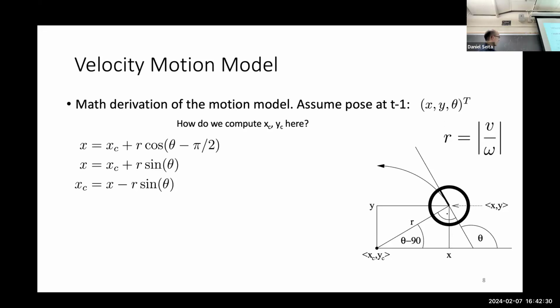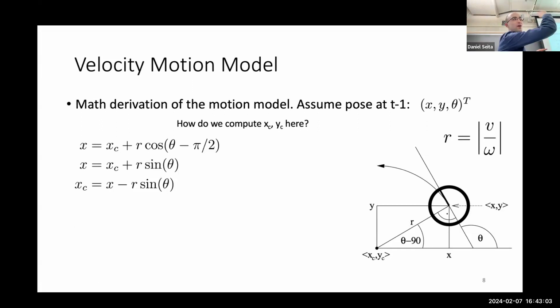So I have x, and then if I move this over here, it's x, right? So that's how you get the first line: x equals xc plus r cosine of theta minus pi over 2. Then why does this line make sense? Why does it make sense to go from this line to this line, from cosine of theta minus pi over 2 to sine of theta?